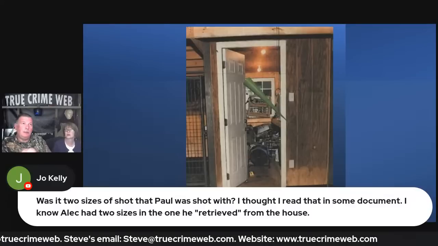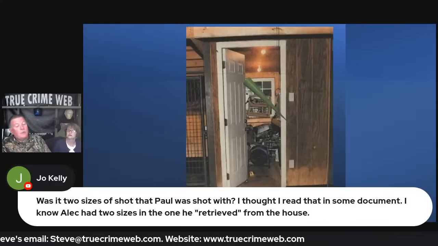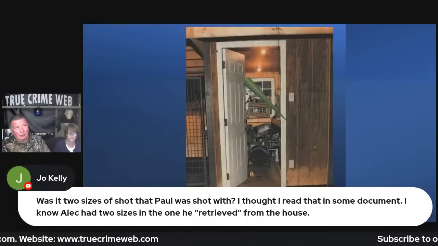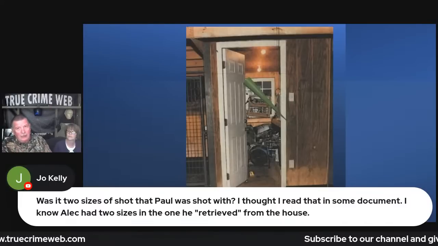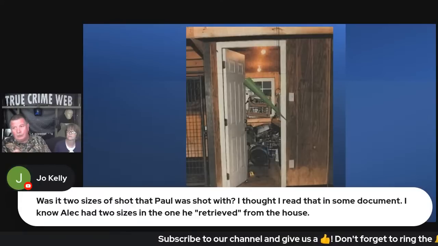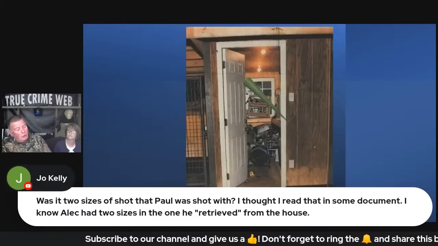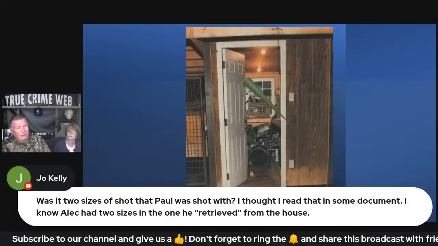He had two different gauges, not calibers, of shells in that shotgun, which is extremely dangerous. Don't do that, folks. Catastrophic events happen.